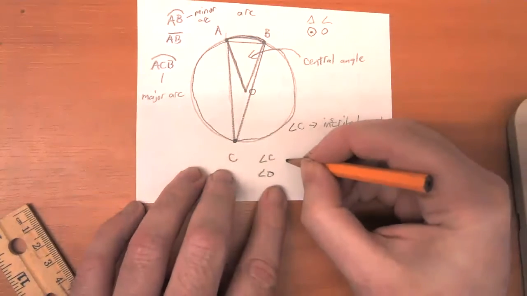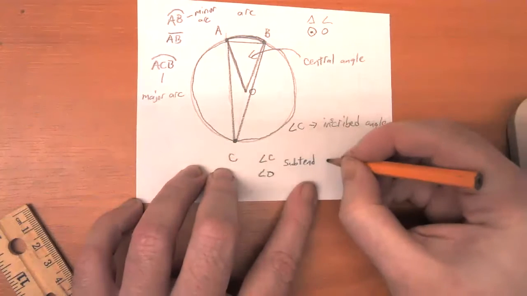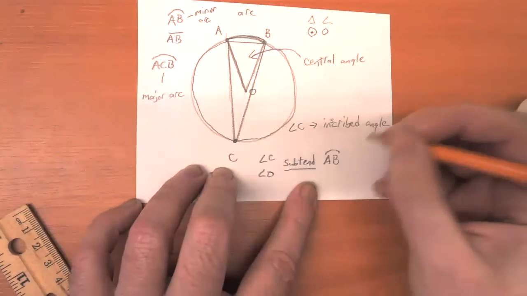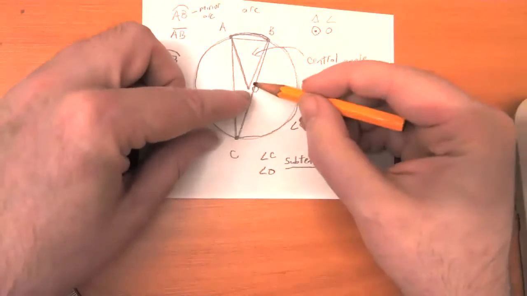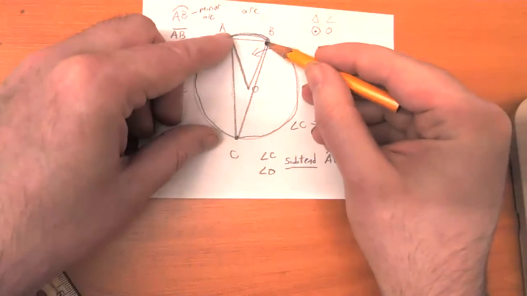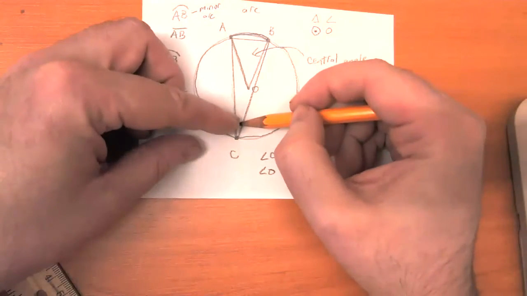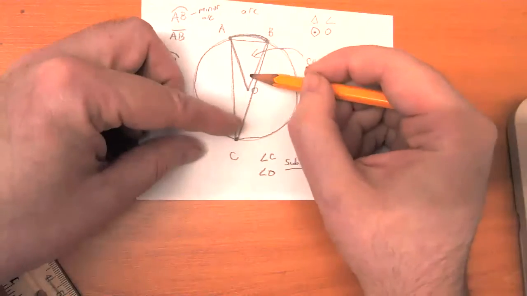We can talk about how they subtend the arc AB. Subtend is just some fancy vocabulary to talk about the part of the arc that's inside the angle formed by that angle. We say that that arc is subtended by the angle.